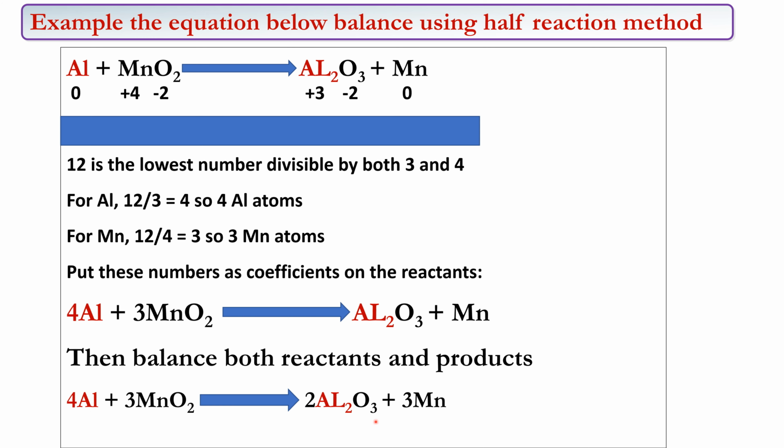And here we will have 6 oxygen, and we'll also have 2 multiplied by 3, 6 oxygen. Also here, manganese is 1 here, but it's 3 here. So to balance here, you need to add 3 here. So if you add 3, we'll have 3 manganese here and 3 manganese on the reactant side. So in this way, the equation is balanced. So this is how to balance the equation using the half reaction method.